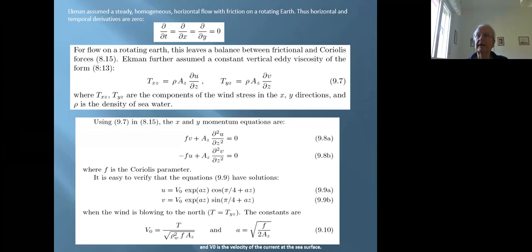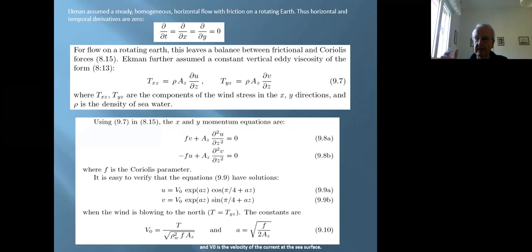Now, if you go to the Ekman transport, to the Ekman solution, we again assume the steady state. So the Ekman solution is the steady solution of the equations of motion. So there are no parts which represent the derivative of the velocities with time.